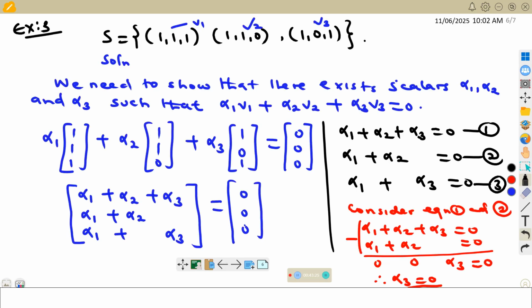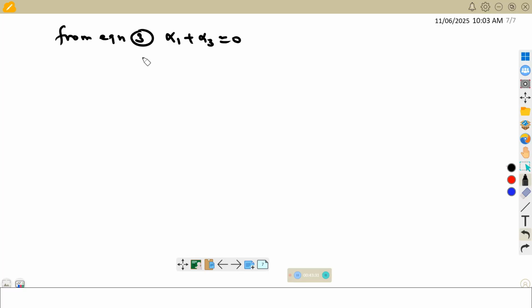That is equation number 3. So alpha 3 is 0, we have got that. So this implies that alpha 1 plus 0 is equal to 0, and alpha 1 is equal to 0.